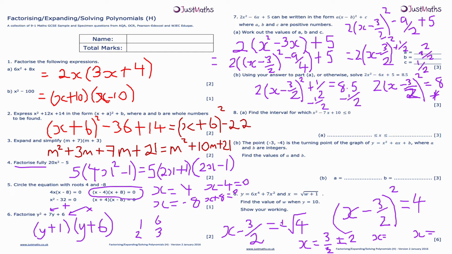And they would be my solutions for part B. Because it was written in completed square form, it was just the idea of rearranging to make x the subject for that question. So x equals -1/2, or x equals positive 7/2.